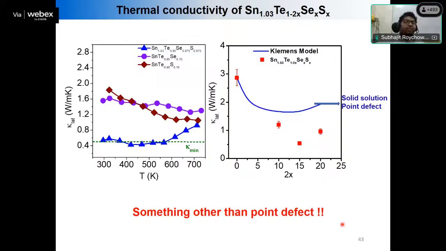But when we looked in a deeper way, and fitted our data with Klemens' model, what this model physically says is that if only configurational entropy is responsible for the decrease in thermal conductivity, the measured thermal conductivity follows this trend. You can see pristine data follow the curve, but our measured data do not support that. What does this indicate? This indicates that we have some other mechanism than the point defect.